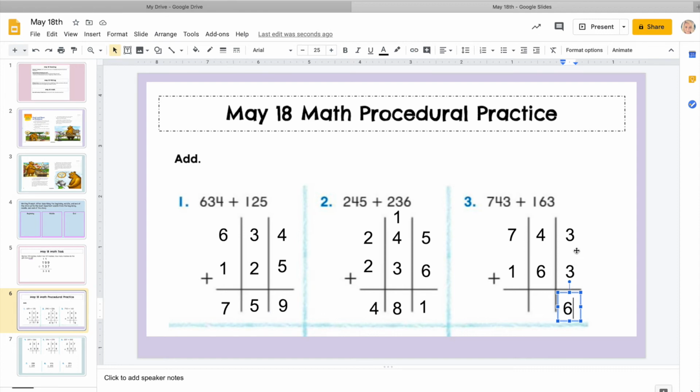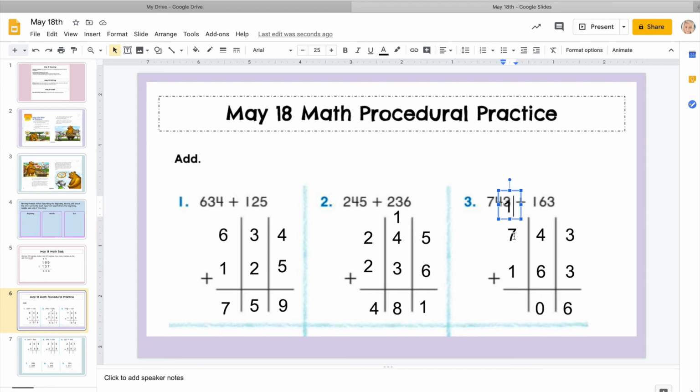So let's go ahead and move next door, step 2, to the tens column. We have 4 plus 6, and 4 plus 6 is 10. That is 10 or more, so we are going to have to move some next door. We're going to put our ones down here, which is 0, and then we are going to regroup that 1 into the hundreds column. And now we're moving on to the third and final step, where we are going to add up the hundreds column.